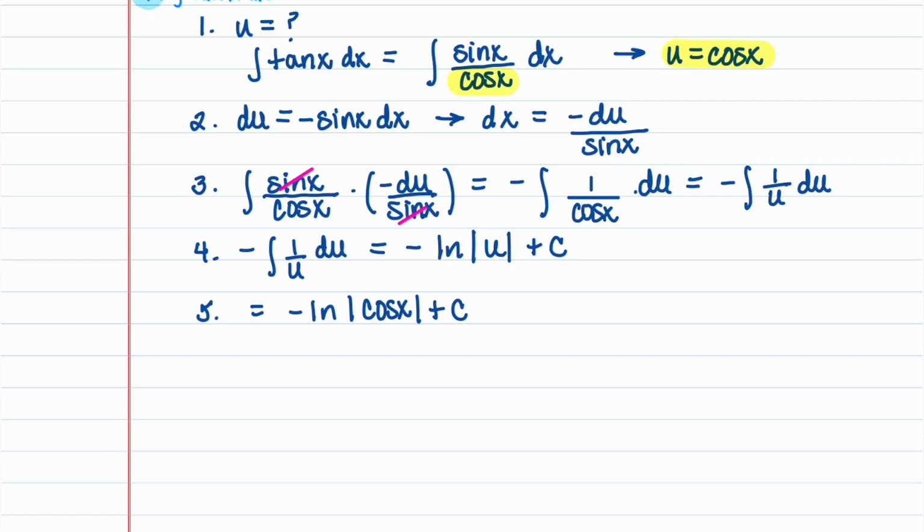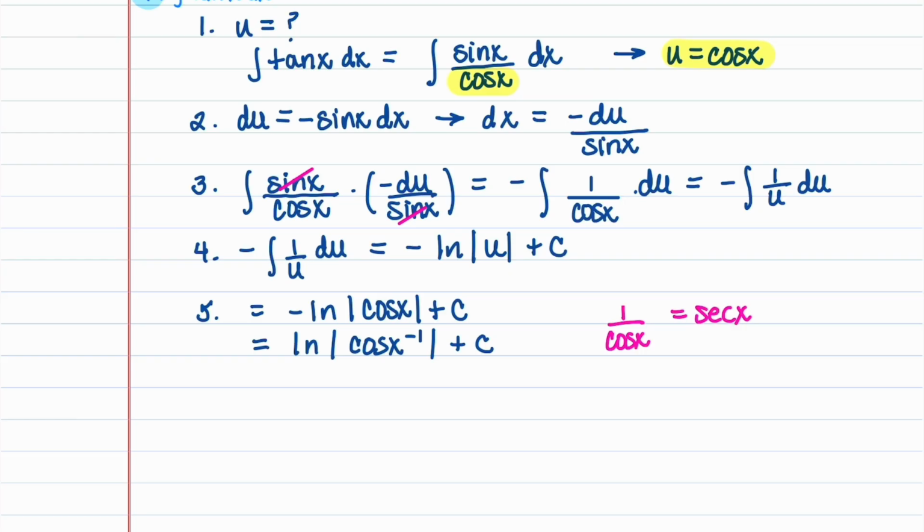That answer is okay, but it's not the best way to write it because we have a minus in front of our natural log. So what we're going to do is take that minus up into our function. That's a property of natural logs that makes us able to do that. So we're going to write this as natural log absolute value cosine x to the minus 1 plus c. And we know that 1 over cosine x is secant x.